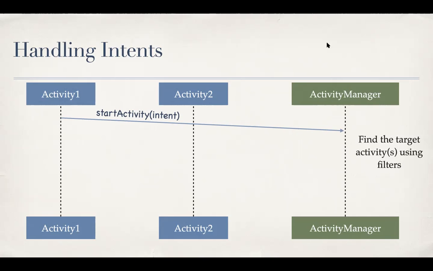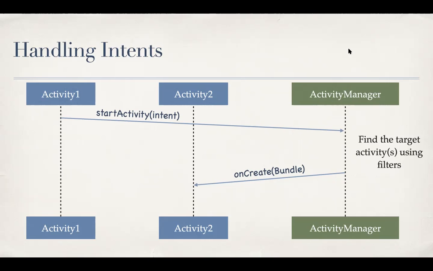But assuming that's not the case, it then figures out what are the candidate activities for that action or data type, component, category, etc. And when it identifies it, it calls the onCreate method on activity2, after figuring out that this is the right candidate activity.